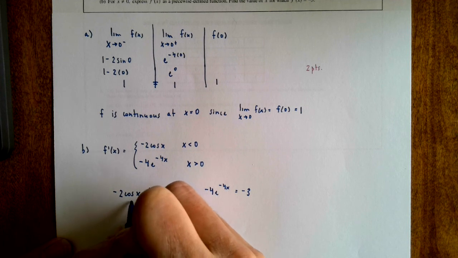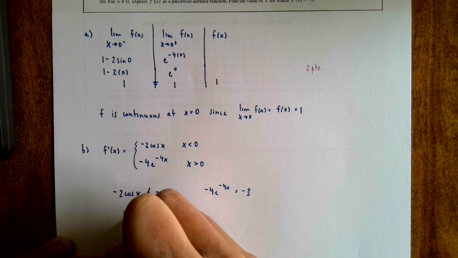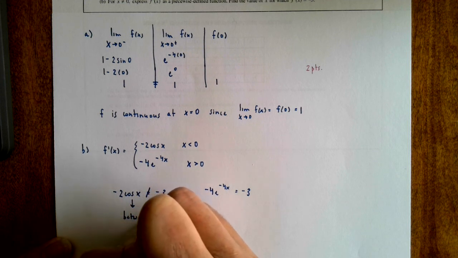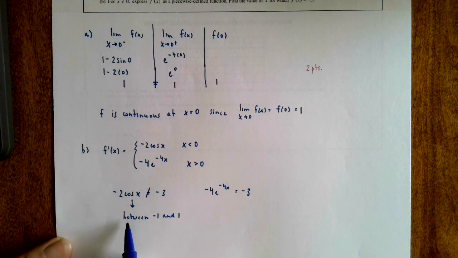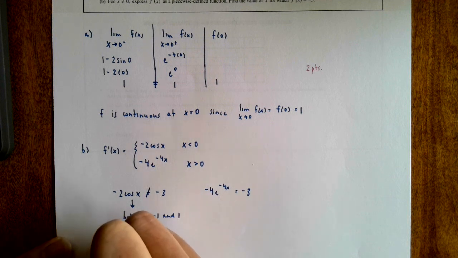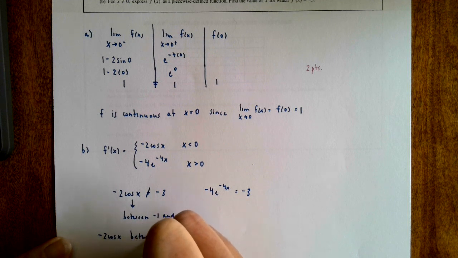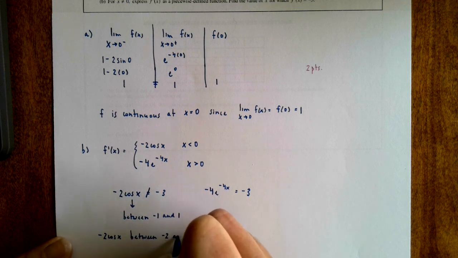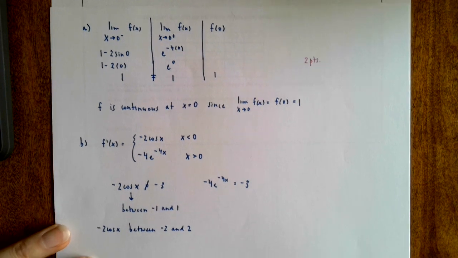Since cosine of x has values between negative 1 and 1, that whole function, negative 2 cosine x, is going to be between negative 2 and 2. So that's never going to be equal to negative 3.